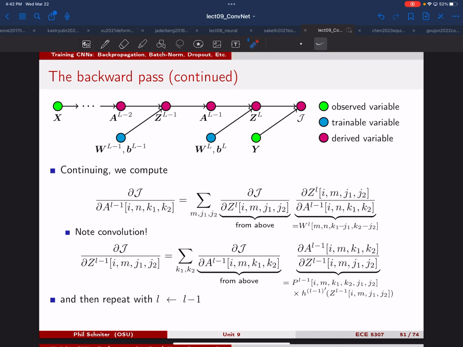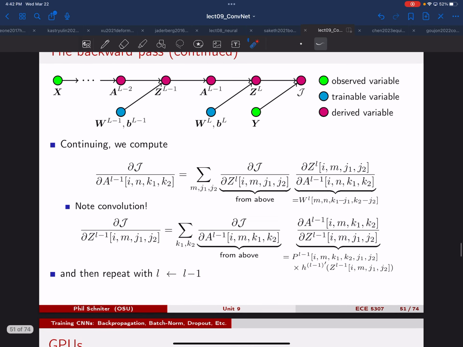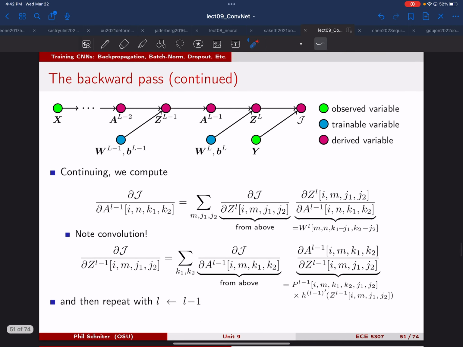This is just a pointwise multiply here. So basically, we see that at a high level, things are very similar to the backpropagation we learned before, except that we have a few more variables to keep track of and convolutions to do instead of matrix multiplies. Okay. So that's all I wanted to say about backpropagation. Are there any questions? Anything here?